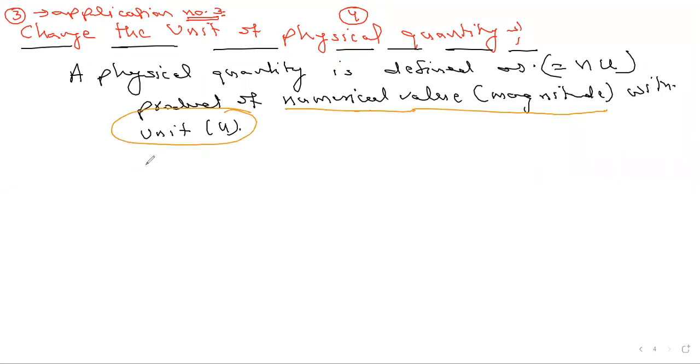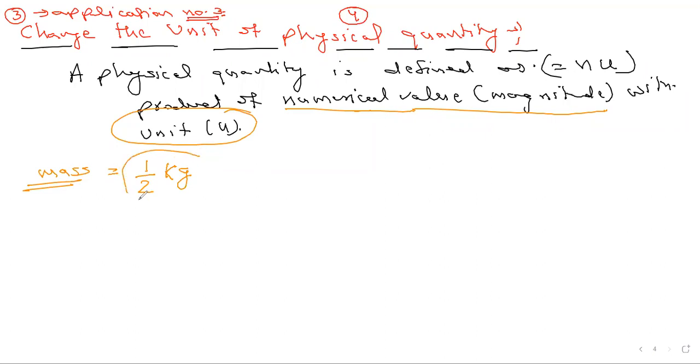Suppose I say 1 upon 2, so what is this 1 upon 2? Nothing. But if I write 1 upon 2 kg, you may say this is the mass. Mass is a physical quantity.